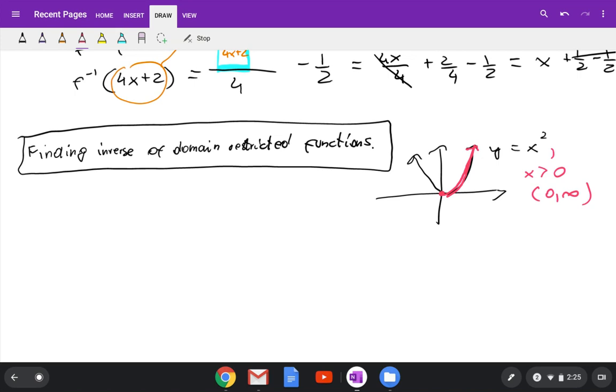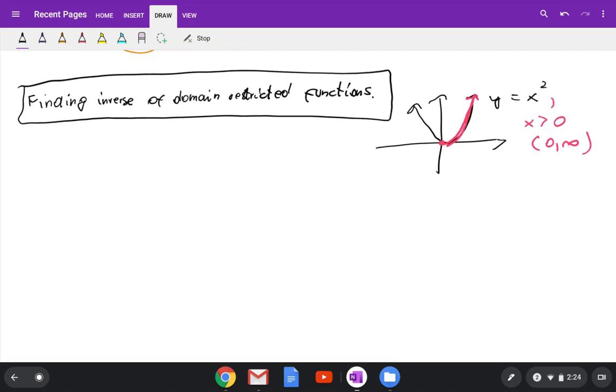Okay, so let's just do one example when we had to restrict the domain to be able to make the given function 1-to-1. So find the inverse of the function f of x, which is equal to x squared minus 4 over 2x squared. So this function, again, if you don't restrict the domain, it's not 1-to-1.